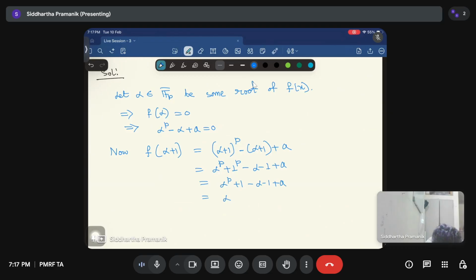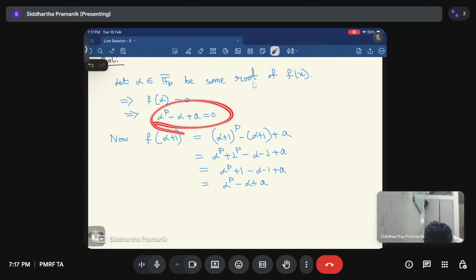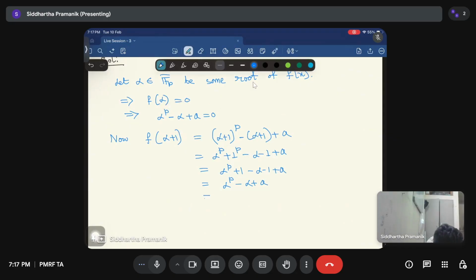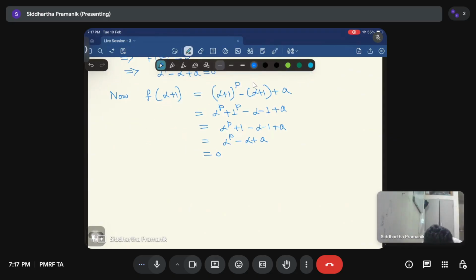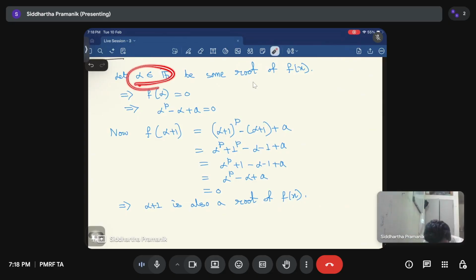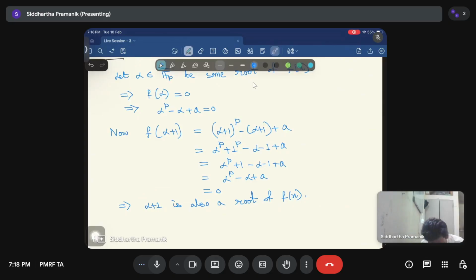And it is exactly equal to alpha^p minus alpha plus a, and we have already noted that this term is 0. So this means alpha plus 1 is also a root of f(x), right? So if alpha is a root, alpha plus 1 is also a root.